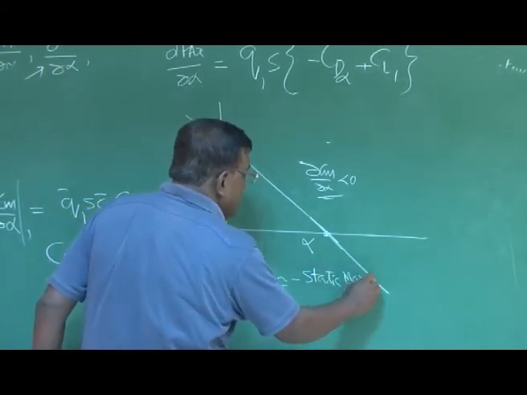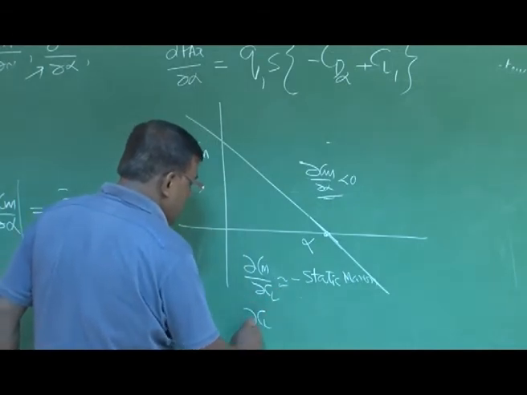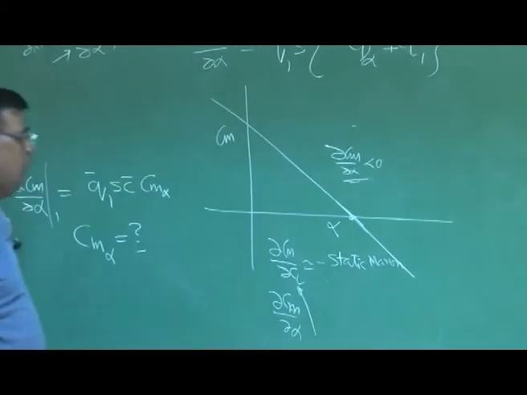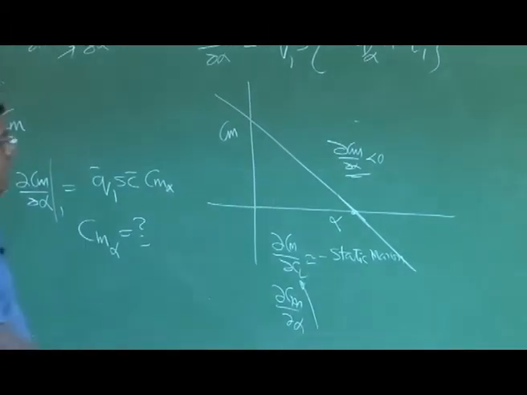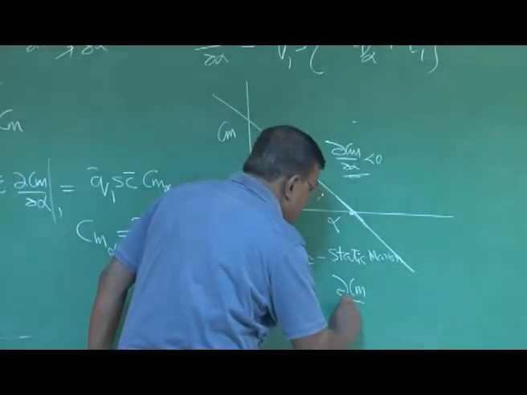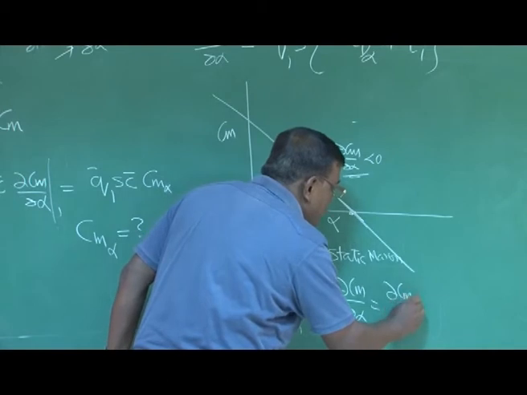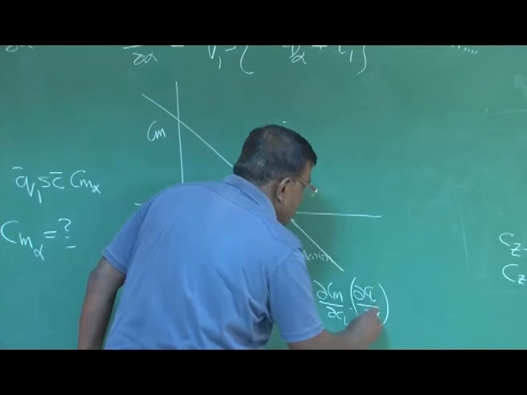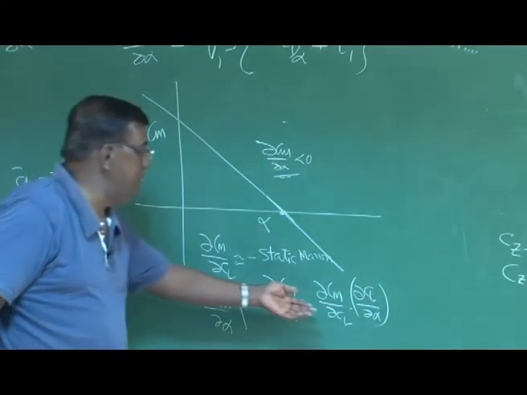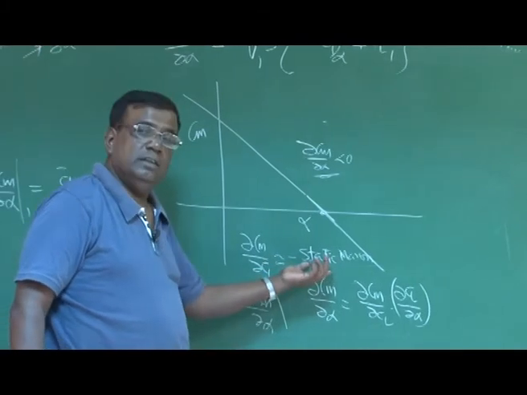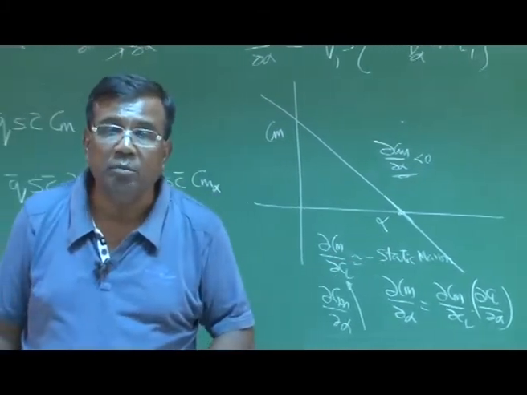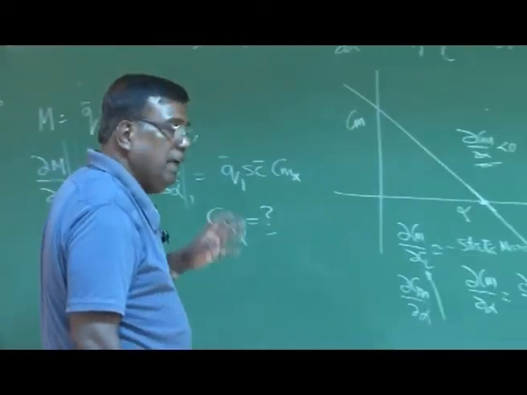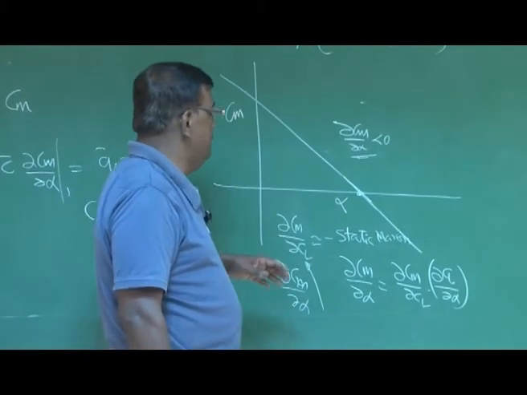So you can easily find dCm by d alpha using this, because dCm by d alpha I can write as dCm by dCL into dCL by d alpha, which is nothing but CL alpha, and dCm by dCL is nothing but static margin: 10% static margin, 5% static margin, 15% static margin. All these things are known to a designer before he starts the design, and is a typical number, okay?